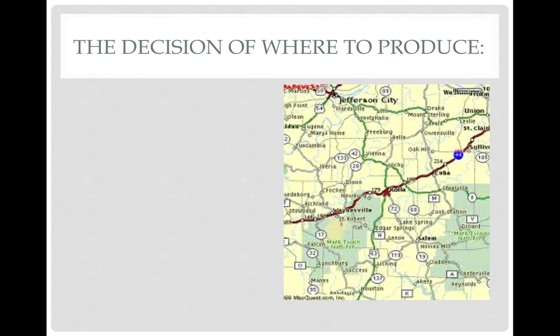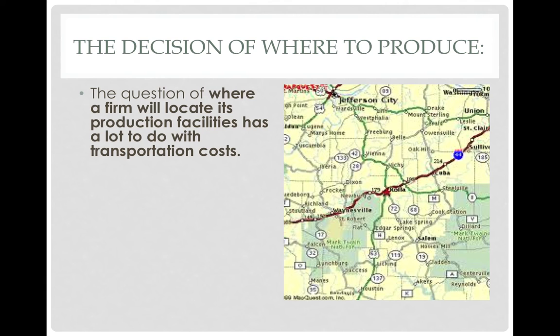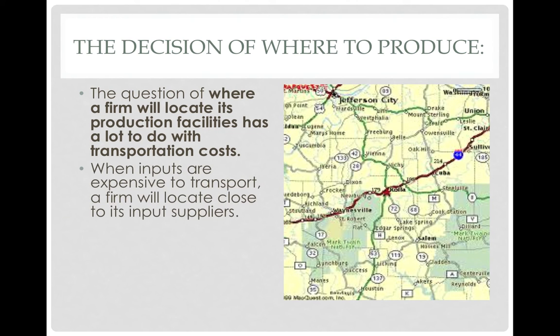The decision of where to produce, where to create your supply. The question of where a firm will locate its production facilities has a lot to do with transportation costs. When inputs are expensive to transport, a firm will locate close to its input suppliers.